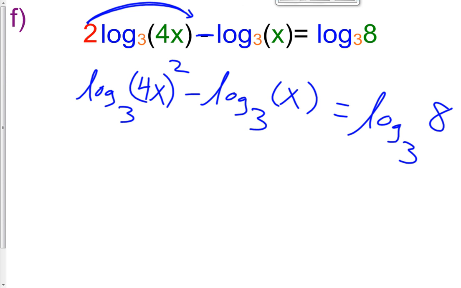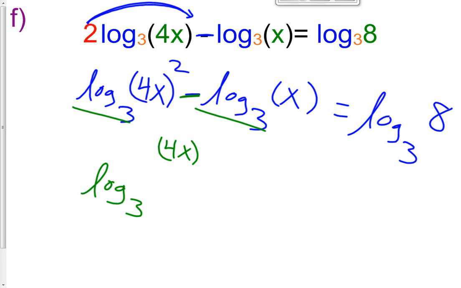Now, let's use the quotient property by saying, well, if it's log base 3 and log base 3, I could use that subtraction sign and change it to division of 4x squared divided by x. That equals, oh, sorry, the log base 3 of 8. That's important. That equals the log base 3 of 8.